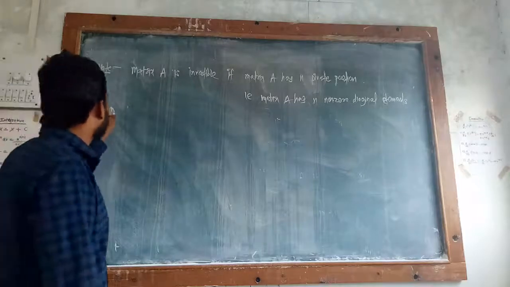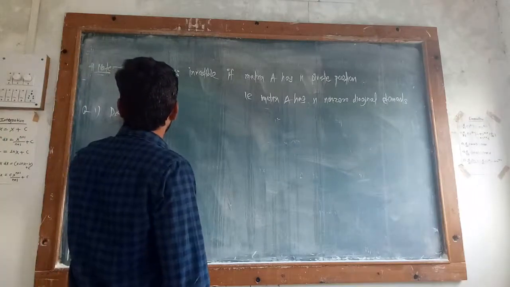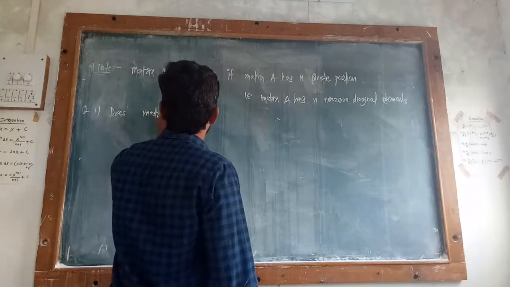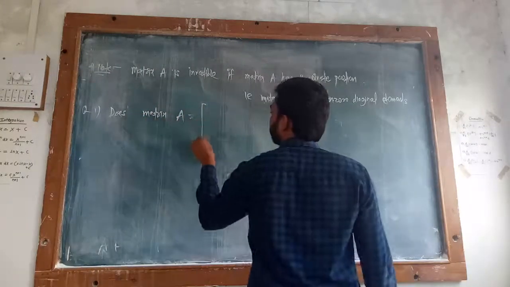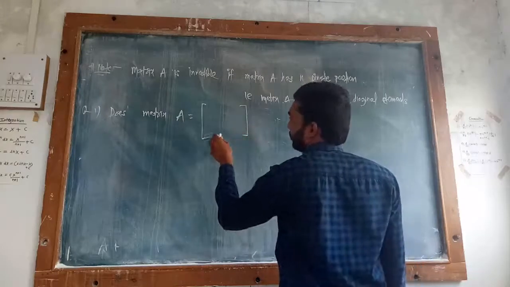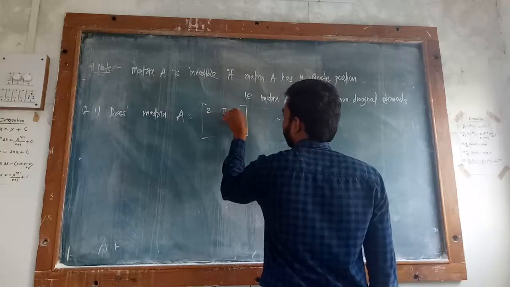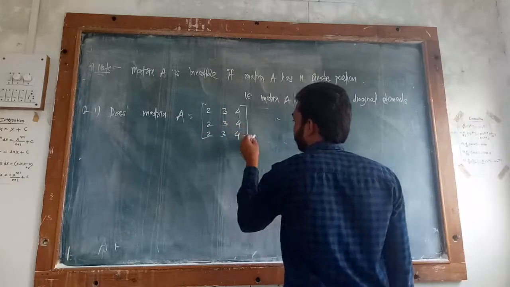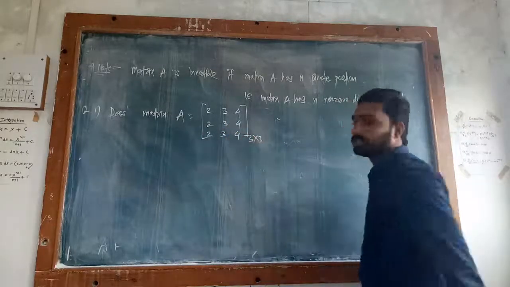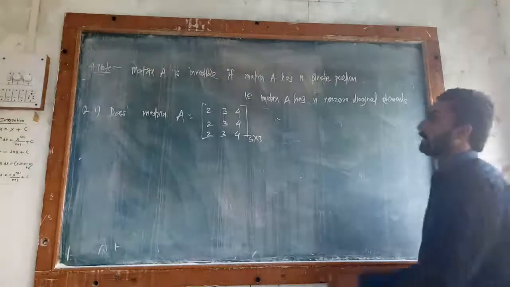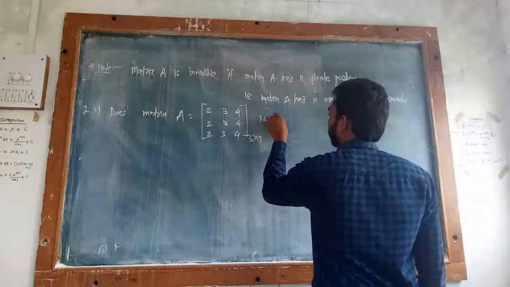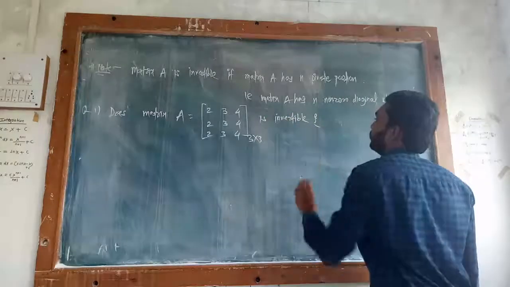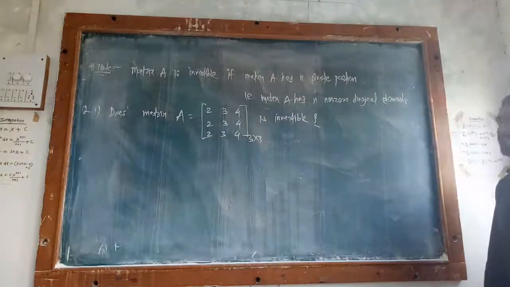First question: Is the matrix A, that is 2 3 4, 2 3 4 and 2 3 4, a 3 by 3 matrix with 3 rows and 3 columns, invertible?